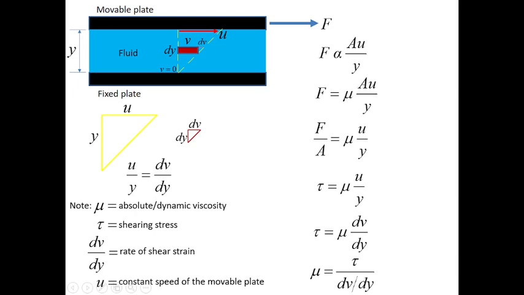Okay, U is the constant speed of the movable plate. So, let's now proceed with kinematic viscosity. For kinematic viscosity, it is the ratio of dynamic viscosity to density. So, yan ang formula. Denoted by the Greek letter nu. Okay, ito ay Greek letter mu.